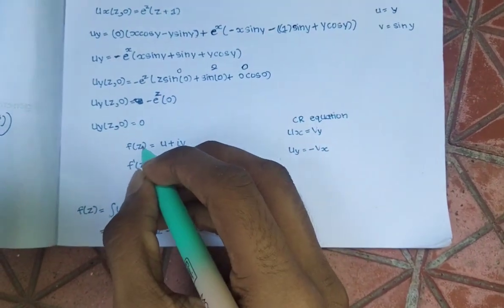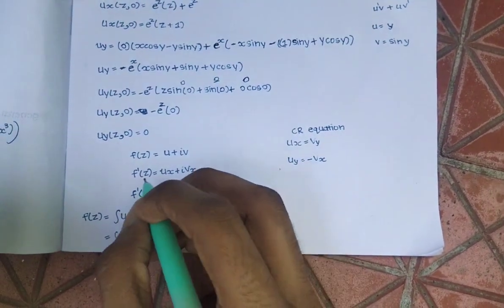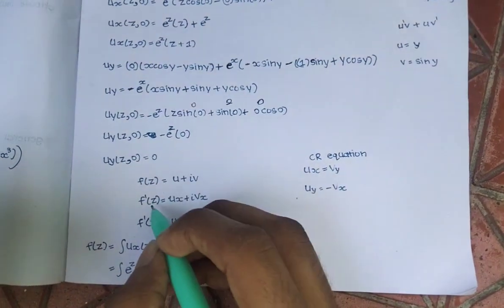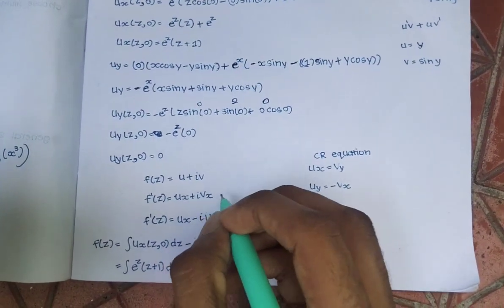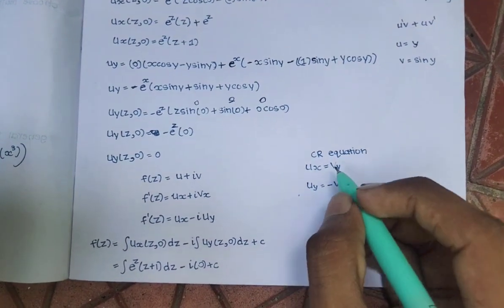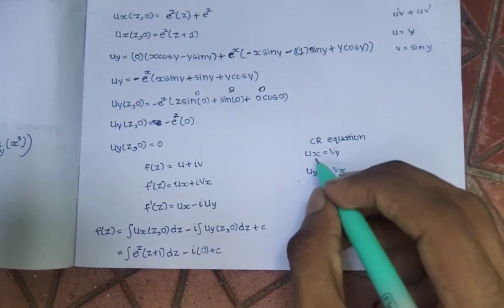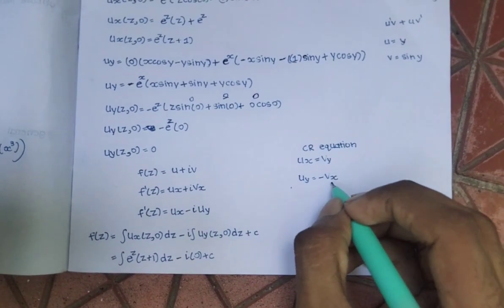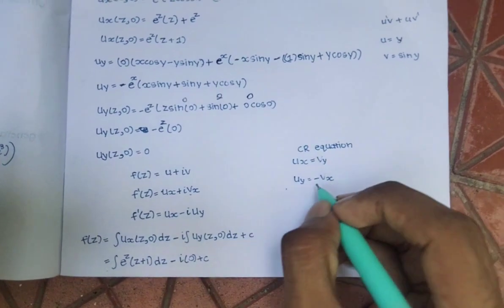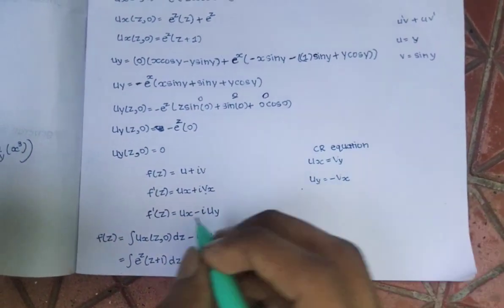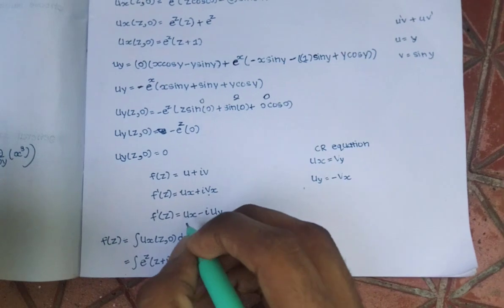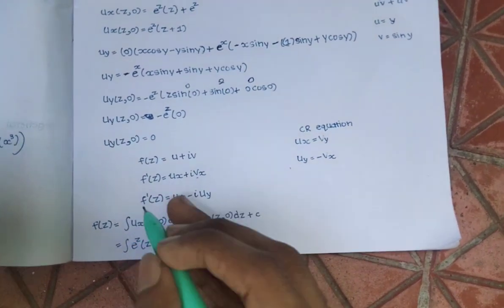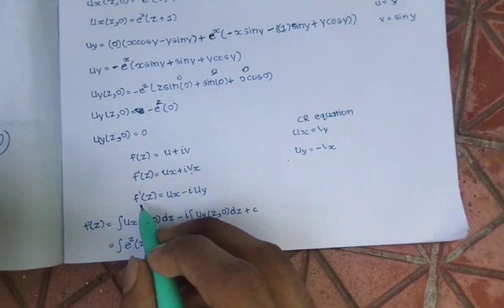Now we know f(z) equals u plus iv. If we differentiate this, f'(z) equals u_x plus i v_x. We know from the CR equations that u_x equals v_y and u_y equals minus v_x. So in place of v_x we substitute minus u_y, and f'(z) becomes u_x minus i u_y.